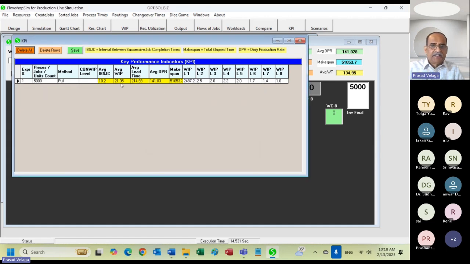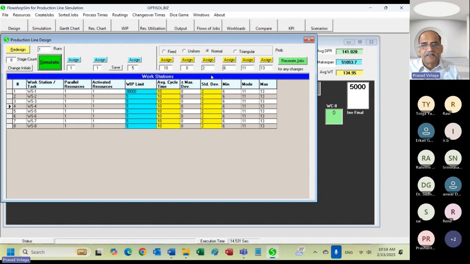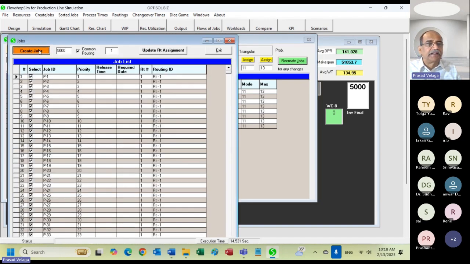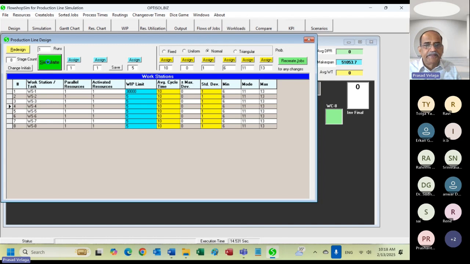Let us start with this. Here the WIP limit is 5, standard deviation is 2, the average daily production is 141. So I go to another scenario. This one, standard deviation 1, I reduce it, recreate the jobs accordingly and simulate again. It may take about 15 seconds to run this simulation.